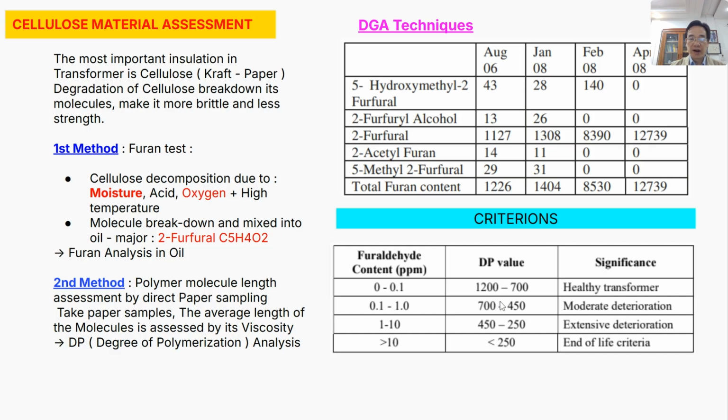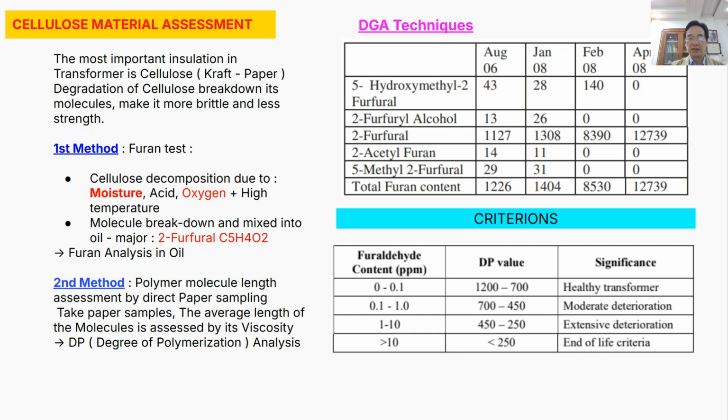After 5 or 6 years in operation, this value can be reduced, and 600, 700 can be acceptable. Then if this value is coming down to about 400, it's an alarming level. The quality of the material of the insulation is no more in good condition.